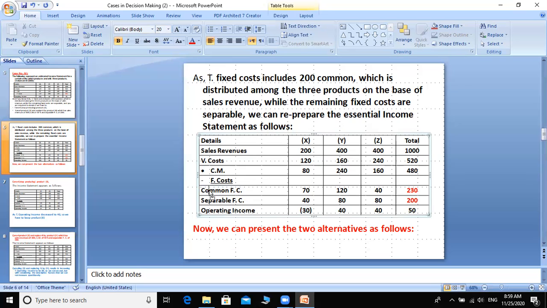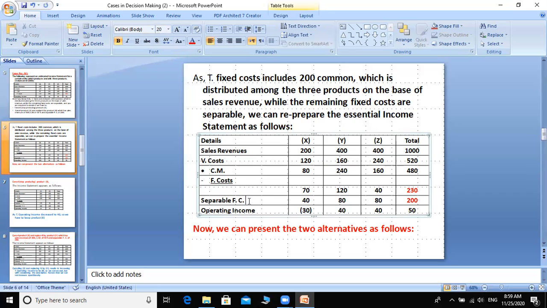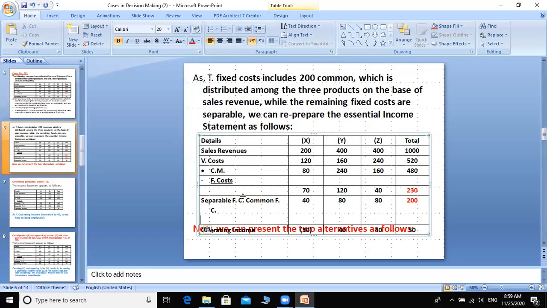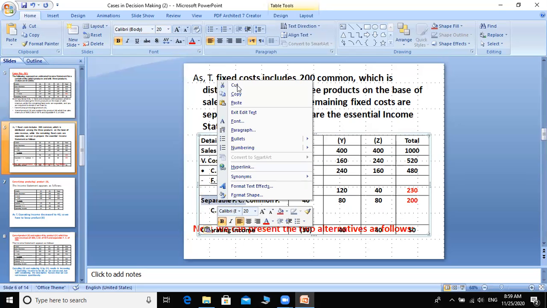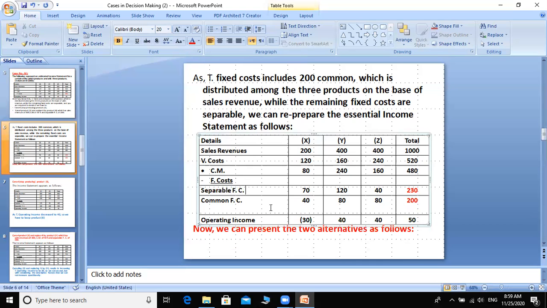Just 1 minute. I replaced each one by the other. Common fixed cost, cut to be here. Separable fixed cost, cut to be there. So common fixed cost, as I told you, 40, 80, and 80.